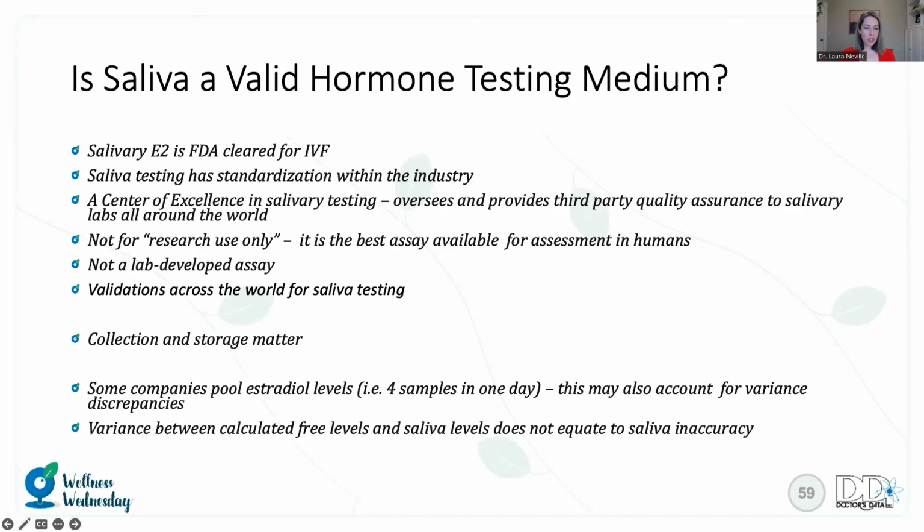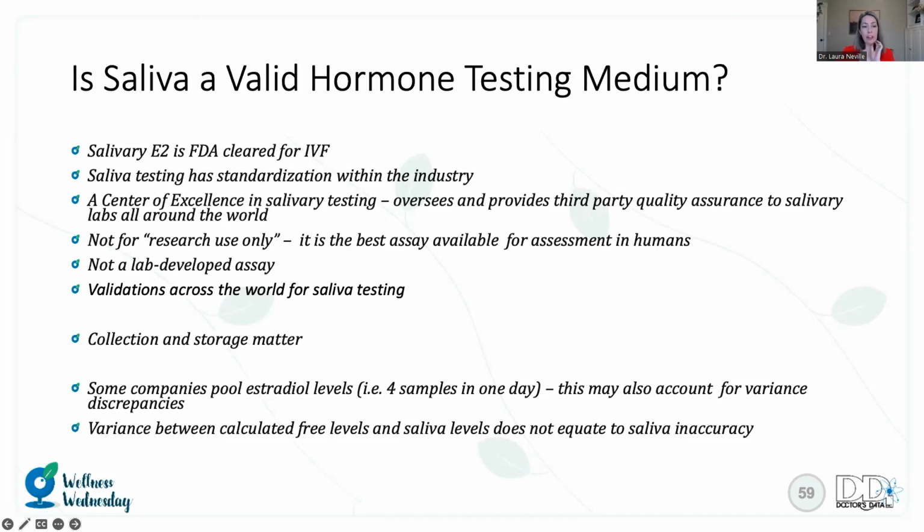It's not for research use only. It is the best assay determined to be available for assessment in humans. It's not a lab-developed assay. I think that's also important. There are validations across the world, as I mentioned. Collection and storage matter, though. So that matters when you're looking at these laboratories and if you're going to get accurate results. Some of the companies pool estradiol levels, like I said, and sometimes they don't. So that could account for variance in research discrepancies.